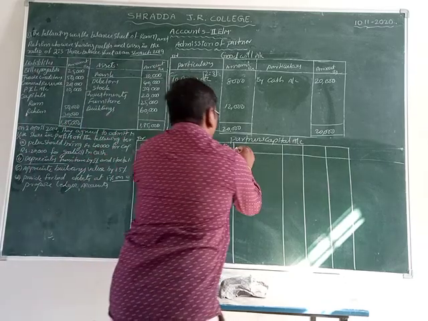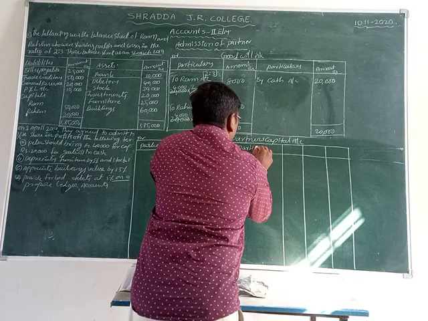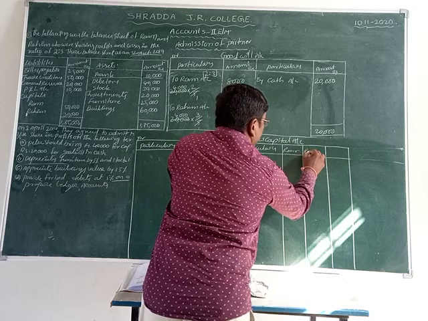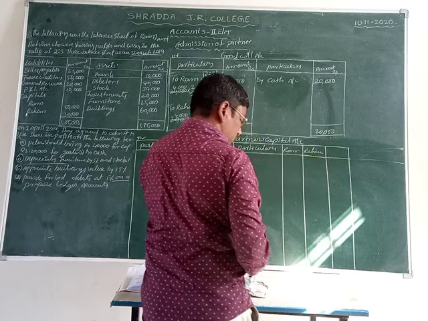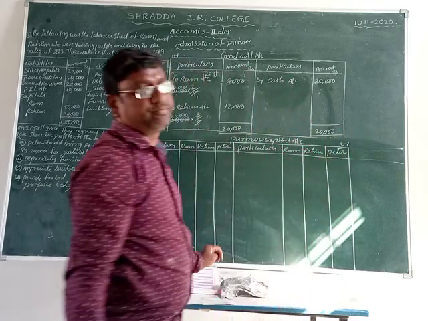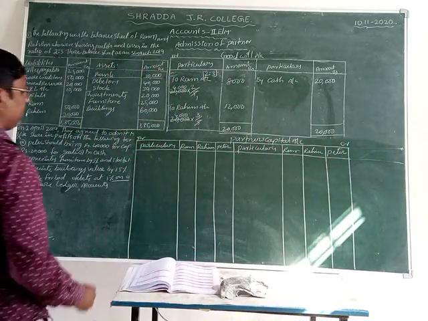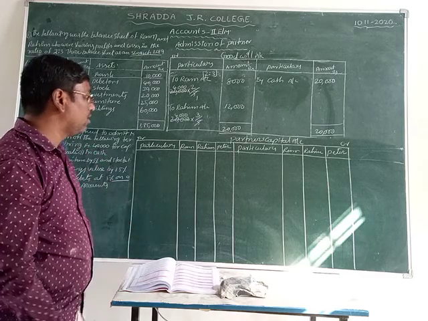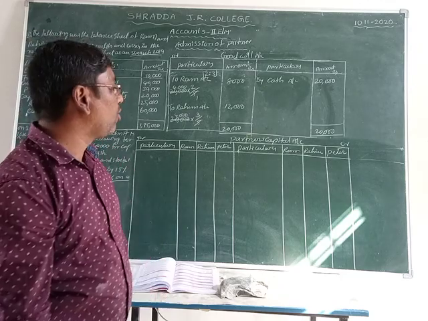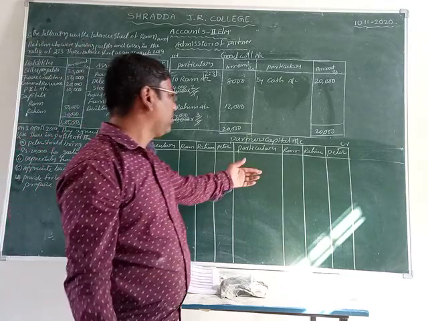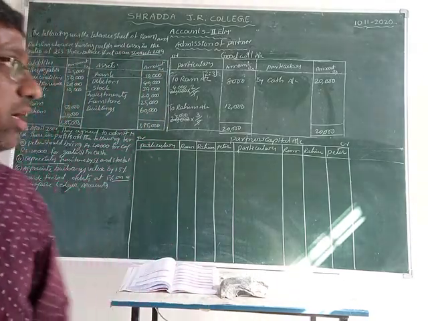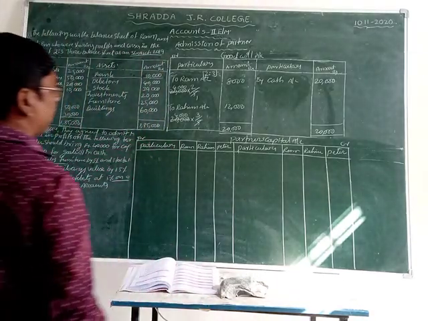At the same time, here particulars: Ram, Rahim, Peter, which is a creditor, isn't it? Now, how can we take that? First of all, in the partners capital account we take the opening balance. That opening balance we take on the credit side only.